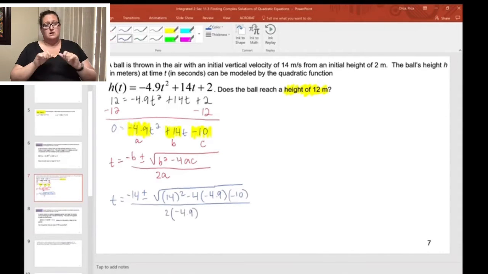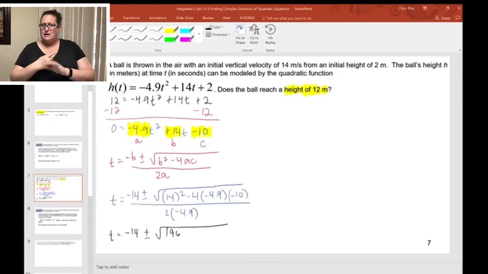Let's continue. T equals negative 14 plus or minus the square root of 14 squared, which is 196, and negative 4 times negative 4.9 times negative 10 is negative 196, all over 2 times negative 4.9, that's negative 9.8.